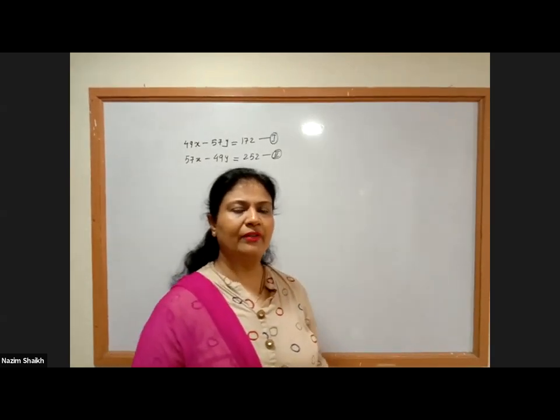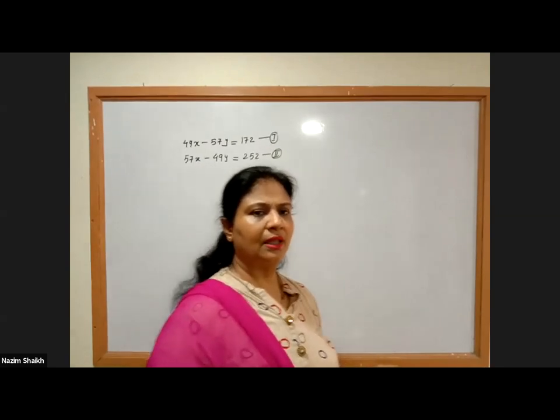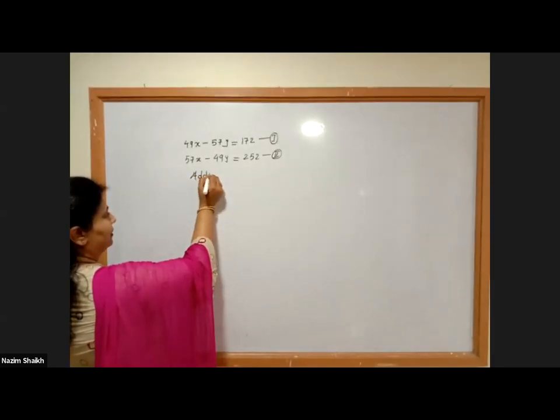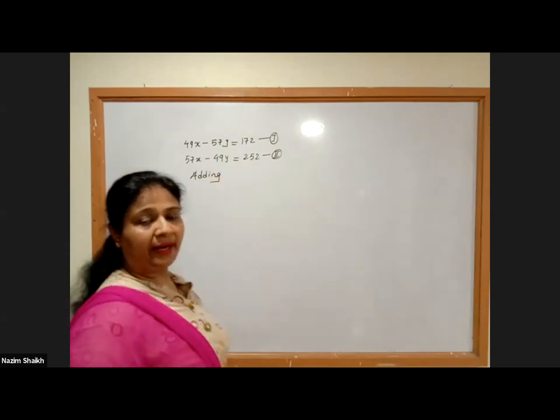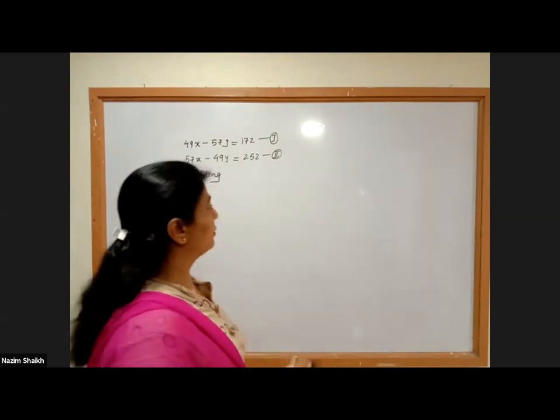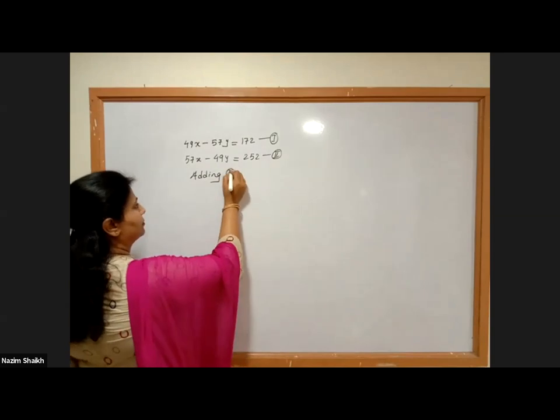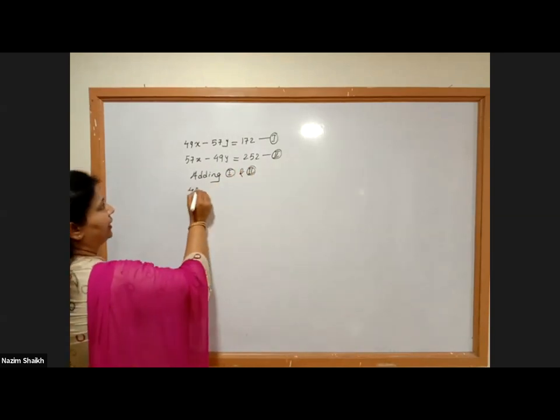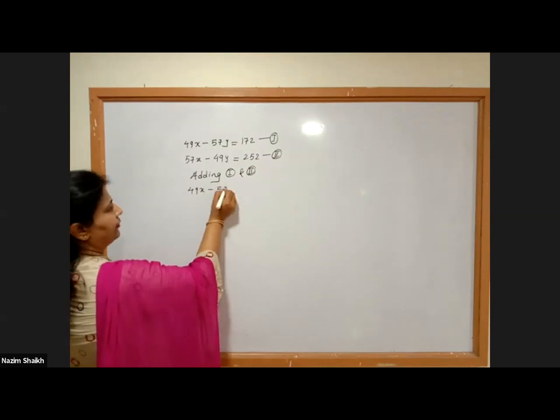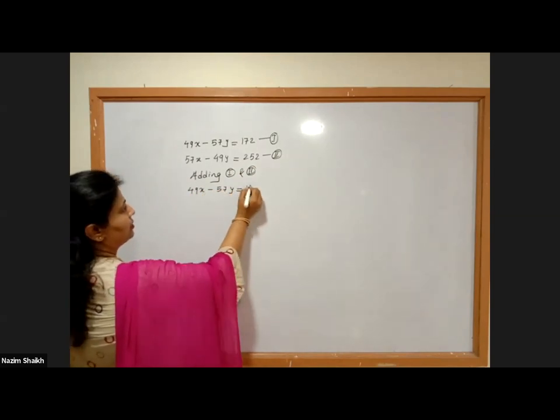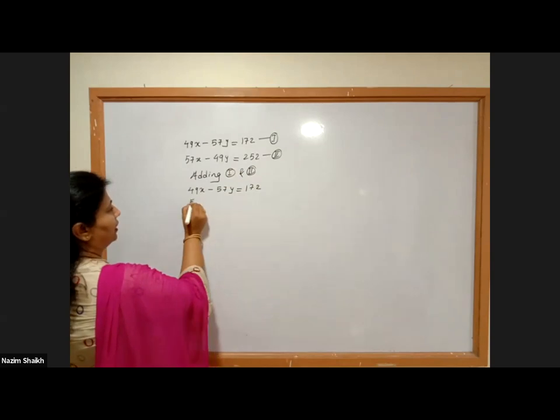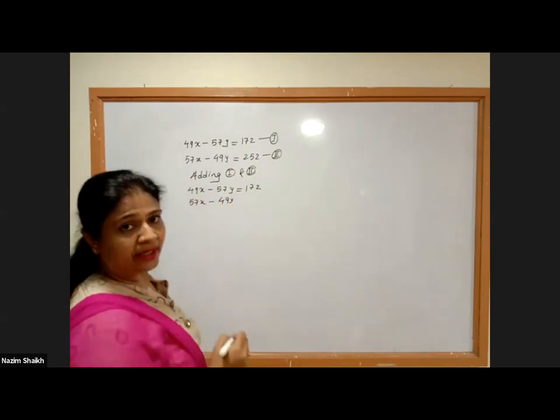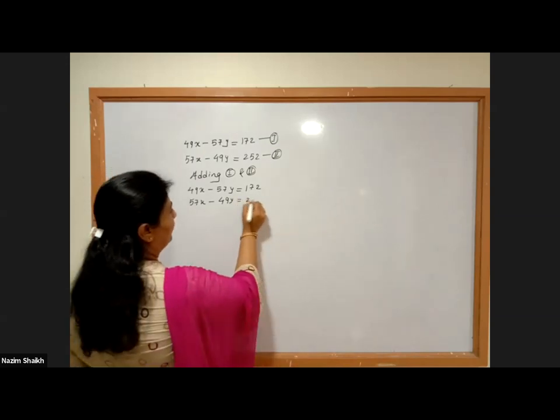Okay, I will solve it for you. ठीक है, शुरू करते हैं। First step, adding equation 1 and 2. So 49x minus 57y equals to 172, 57x minus 49y equals to 252.